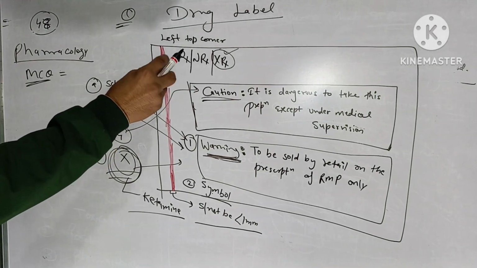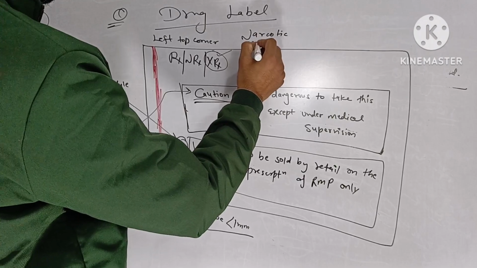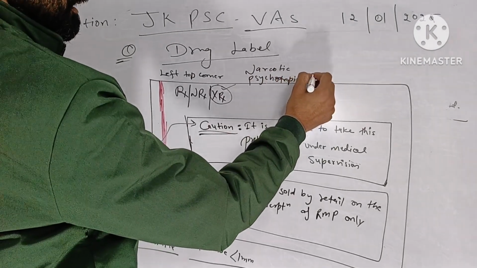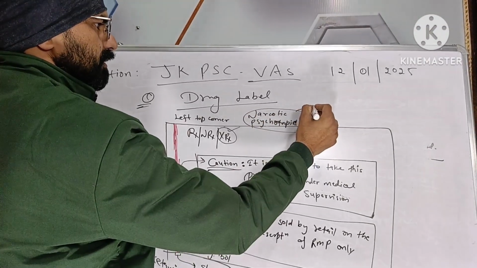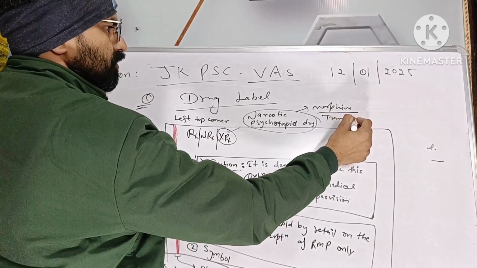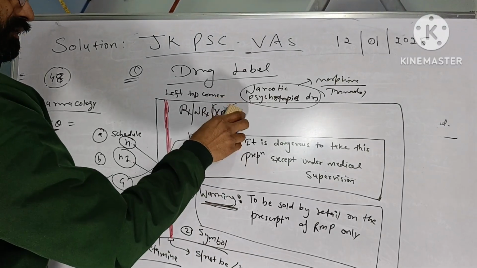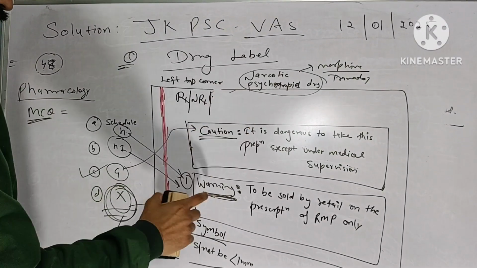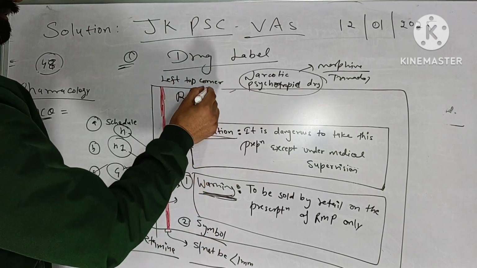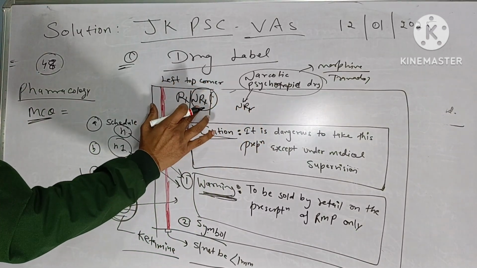If it is a narcotic or psychotropic drug, for example morphine and tramadol, like opioids, then in that case first a warning should be there, and second is the symbol, and the symbol will be NRX on the left top corner.